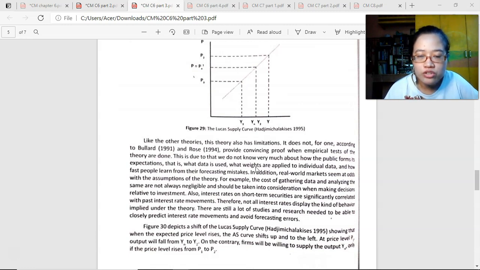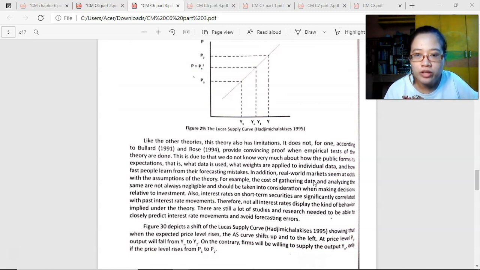That is, what data is used, what weights are applied to individual data, and how fast people learn from their forecasting mistakes. Because not everyone does. Okay, some people just go with the flow. If they hear something, they just do what they think is correct. Sometimes they would be doubtful and do the opposite. You can't predict what they are going to do.